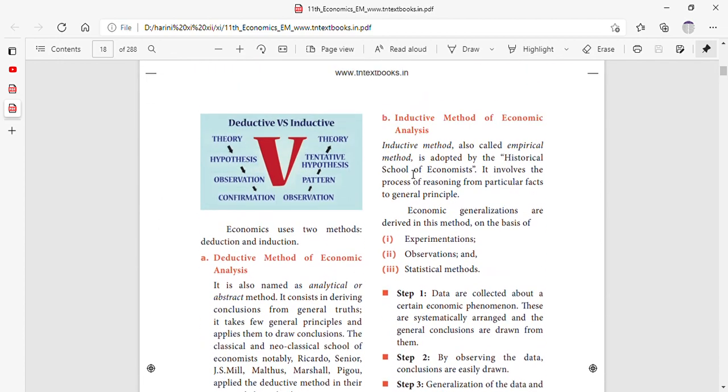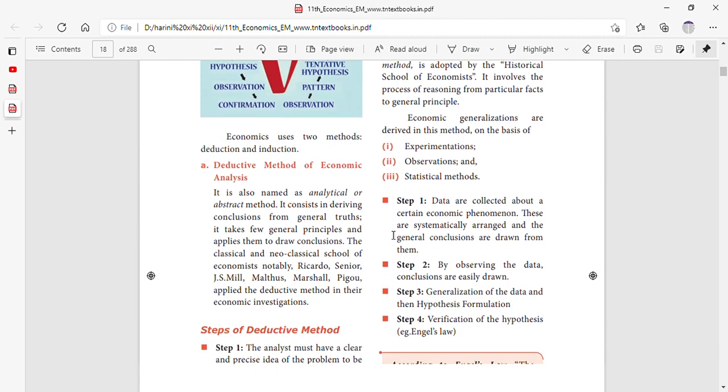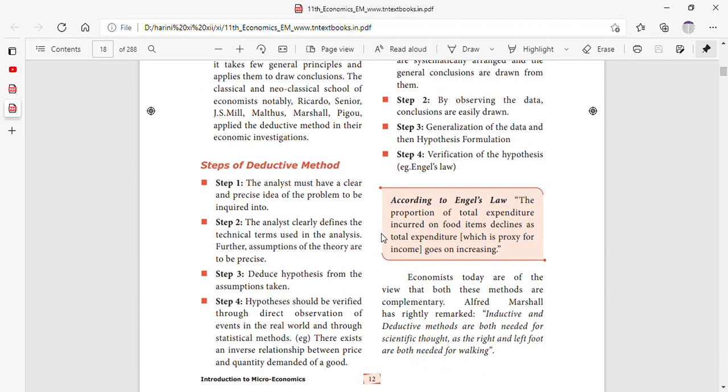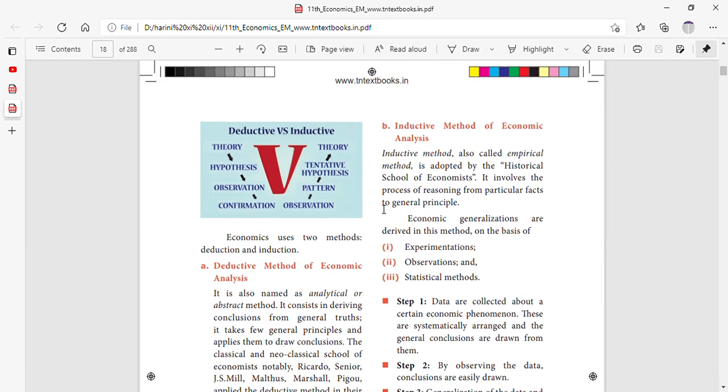So what is inductive? Inductive is a different thing. Take most of the doctors who are studying in Europe. What do they all do? Daily they go to the hospital and see what problem this patient has. After seeing what problem a patient has, they think about why this problem came to him. So that is inductive method. Moving from particular to general is called inductive method.